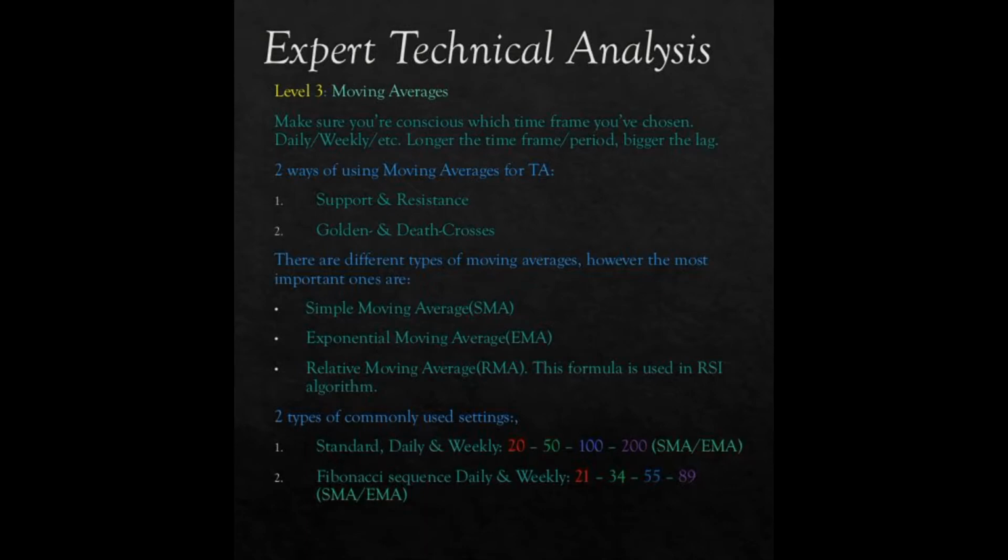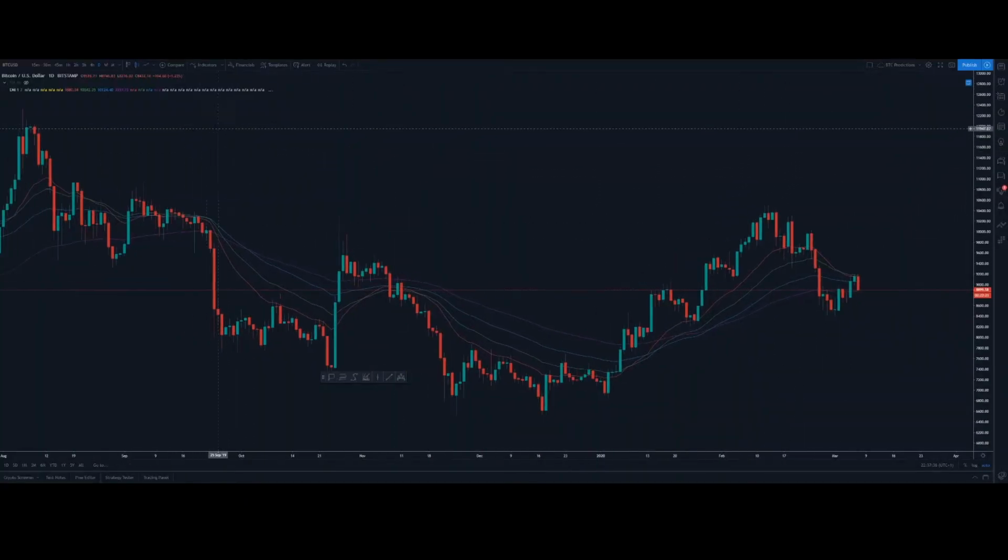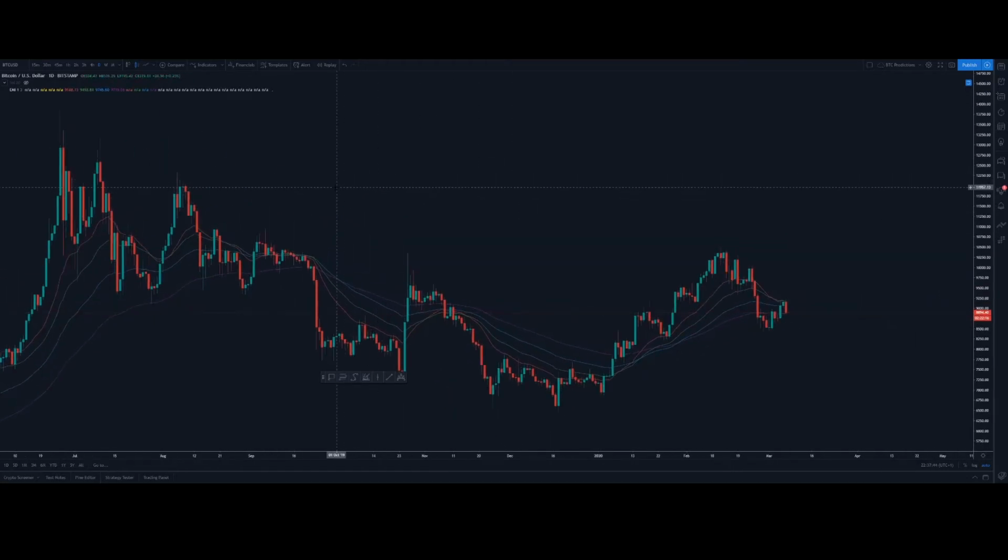And before we begin, you need to be conscious of which time frame you are in. As you can see on this chart, we are now on the daily, and this means these lines you can see here are the daily EMAs.